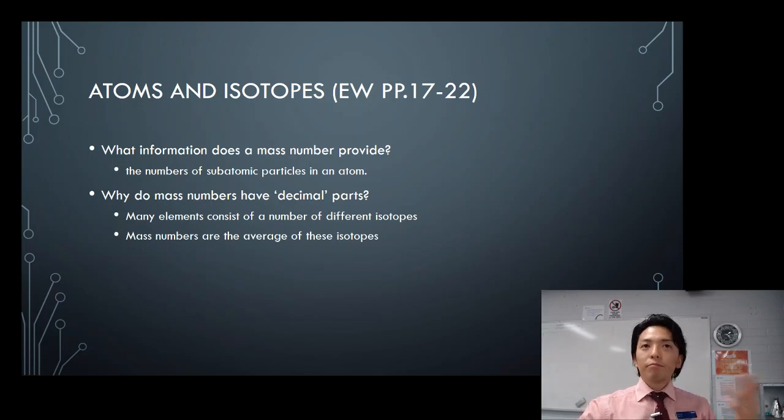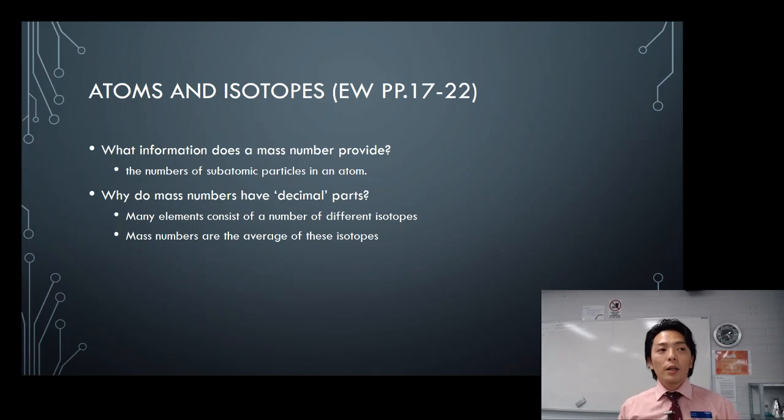With uranium, only certain isotopes with a certain number of neutrons can be used for making electricity. So it's important for you to know what isotopes there are and which one can be used.